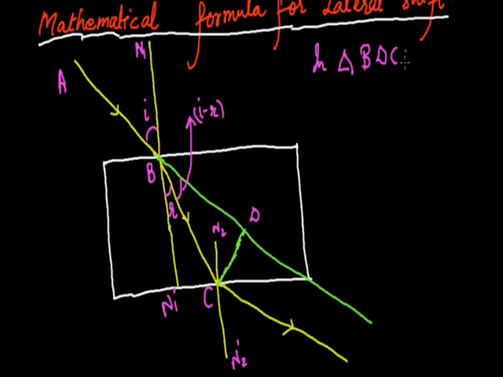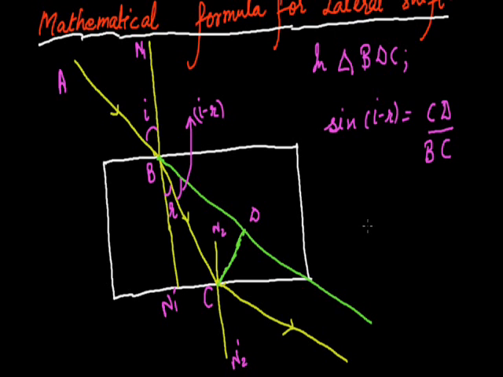Now we can say that in triangle BDC, which is a right angled triangle, sine of angle I minus R should have the value in terms of the perpendicular and the hypotenuse. It should be equivalent to CD upon BC, where CD is the perpendicular and BC is the hypotenuse.